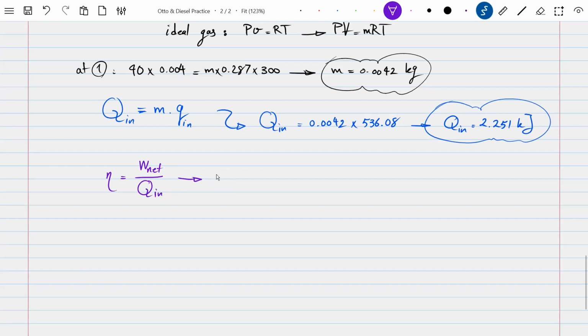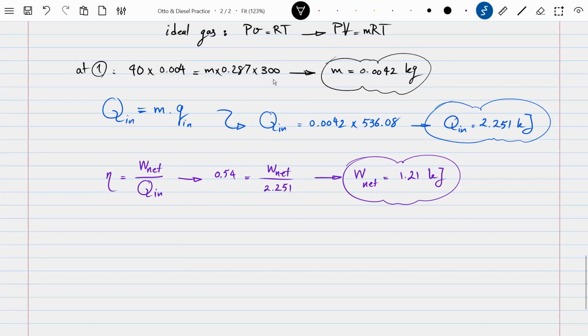Now from before, I know that the efficiency is 0.54. Net work is what we are looking for, and Qin is 2.251. And so your net work out of this cycle is 1.21 kilojoules.